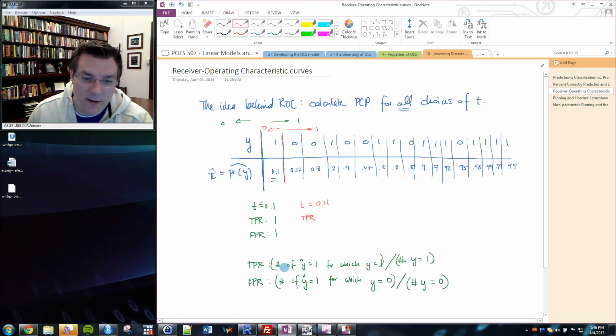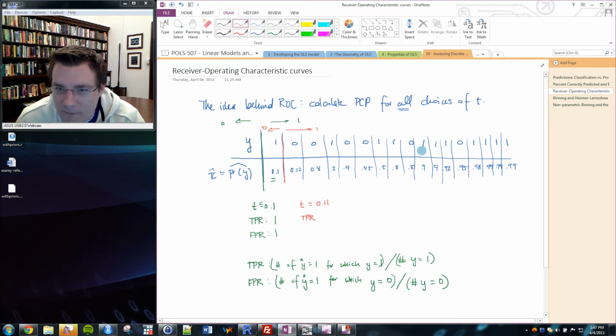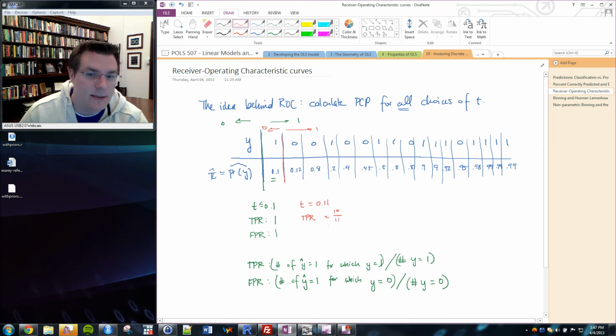So the number of y hats equal 1 for which y equals 1, there are going to be 1, 2, 3, 4, 5, 6, 7, 8, 9, 10 of them. But there are actually going to be 11 cases of y equals 1 because we have this one right here. So it's going to be 10 11ths, something a little bit less than 1.